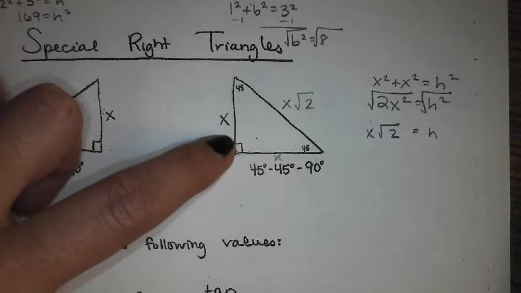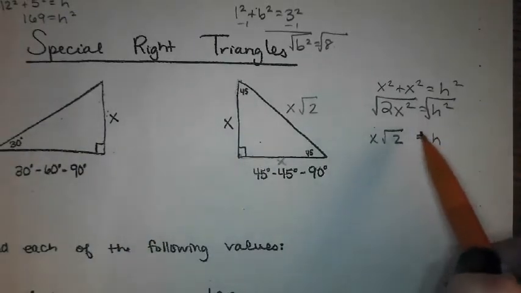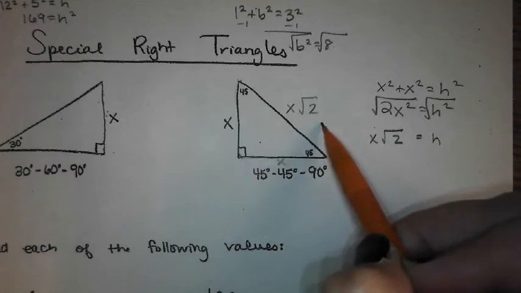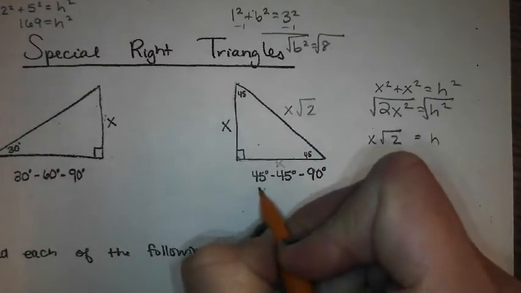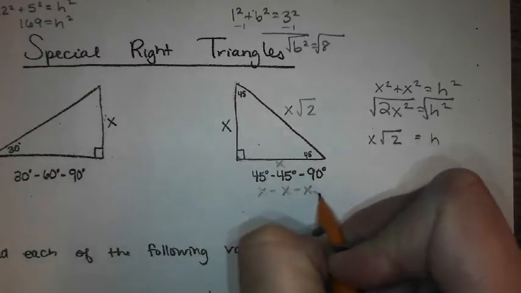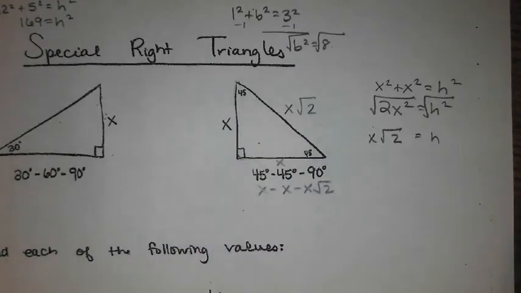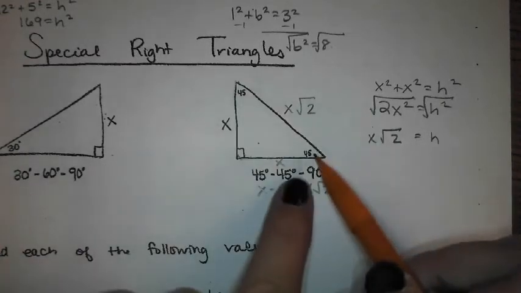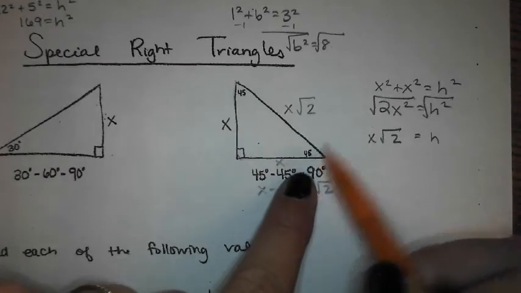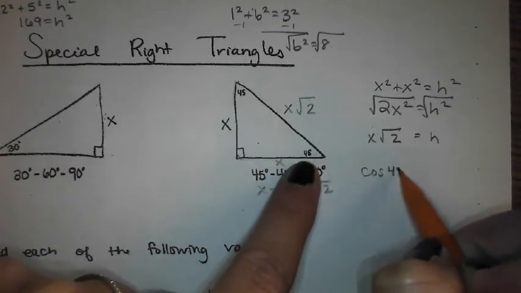Yes? Okay? So if you don't memorize that one, we still have it, but it goes x, x, x root 2. 45, 45, 90.